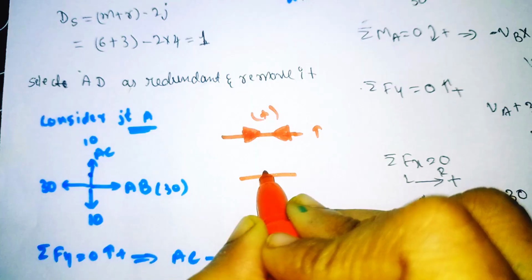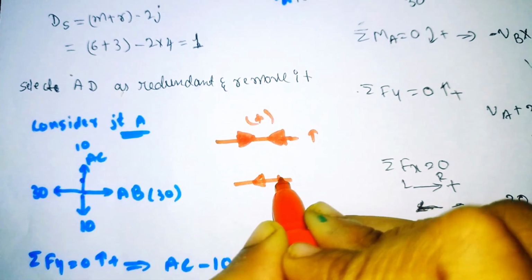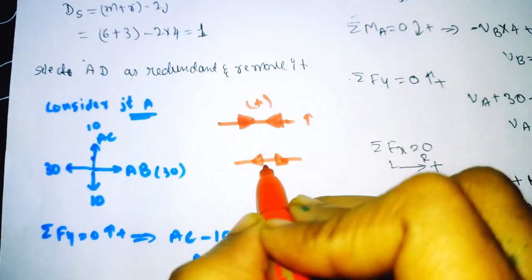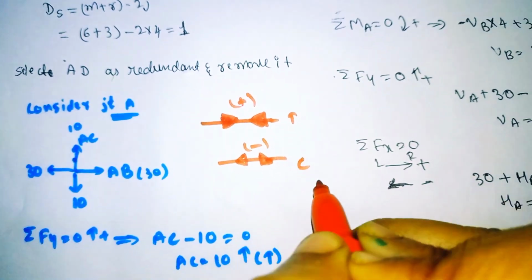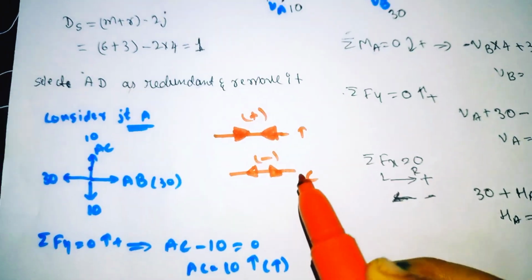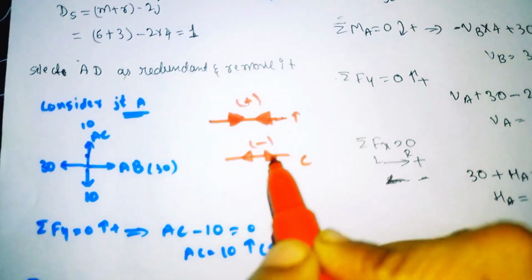So when you get the answer positive, it means it is in tension. When you get the answer negative, it means they are moving away from each other. Negative means it is in compression. So this is the sign convention of trusses. While solving problems, it is very important.